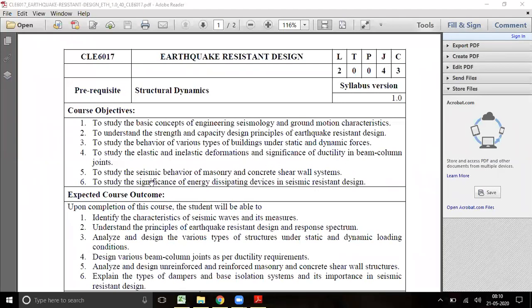And to study the seismic behavior of masonry and concrete shear wall systems. So masonry shear walls and concrete shear wall systems will also be studied in the same course. And to study the significance of energy dissipating devices in seismic resistant design.